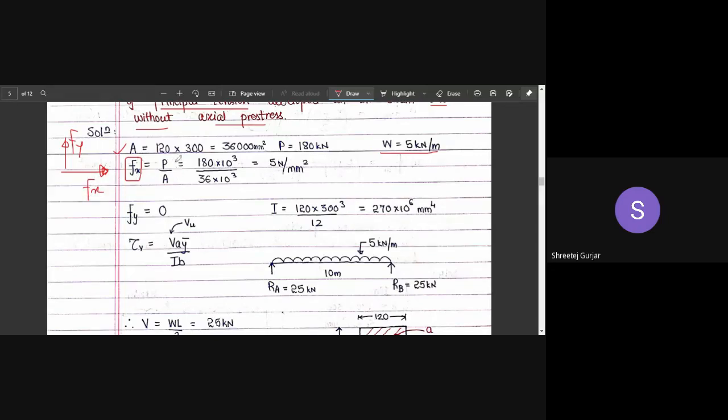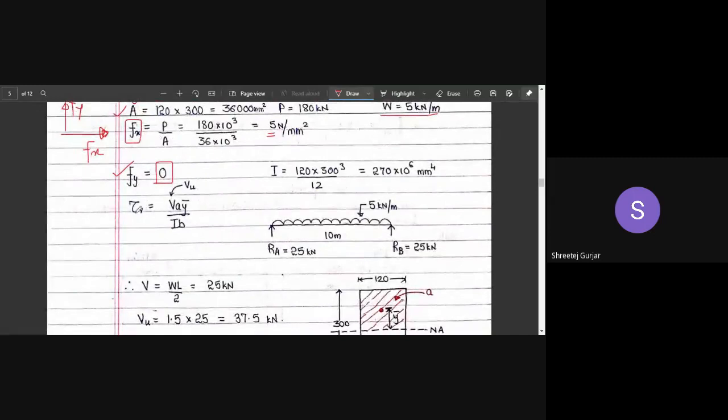So axial pre-stress is in the x direction and it will be P by A. P is the pre-stressing force, that is 180, and A is the cross-sectional area. P by A, if you do, you will get the Fx value. Fx is 5 Newton per mm square. Then Fy, we have no vertical pre-stressing applied here, so Fy will be 0.